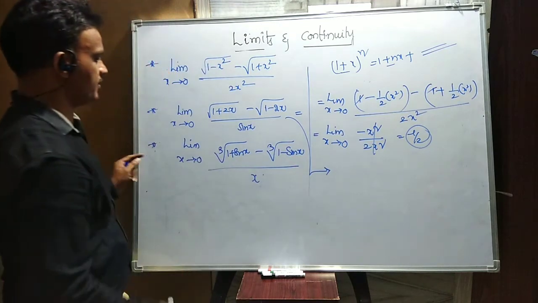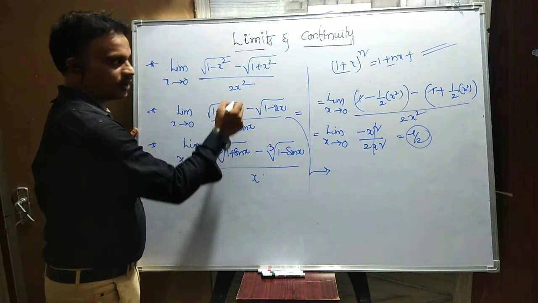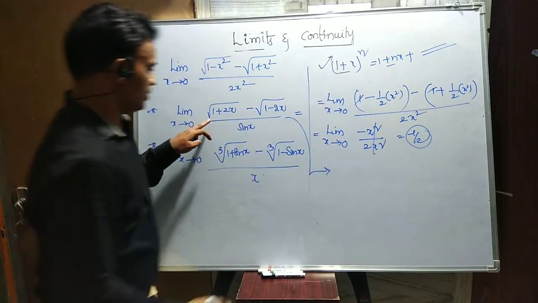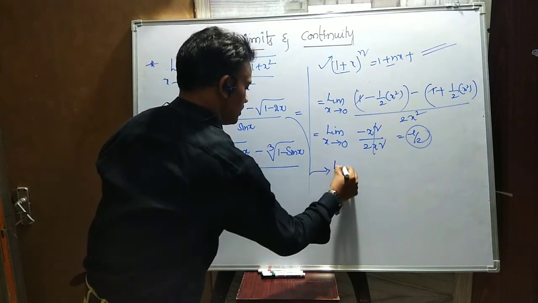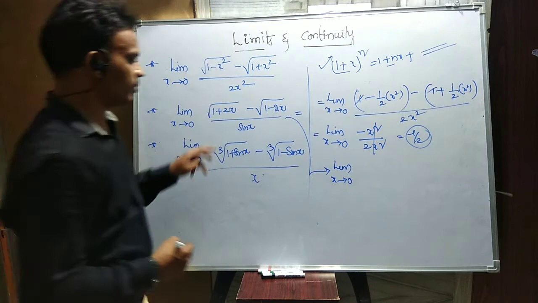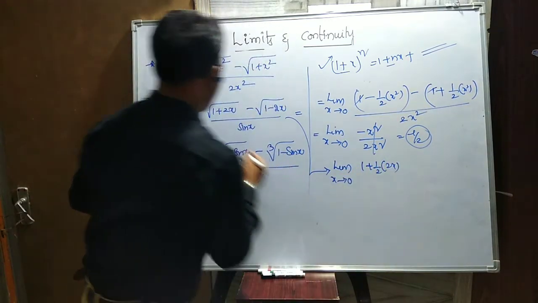Here I am going to write it is also 1 plus 2x whole power 1 by 2. Come on, expanding according to that binomial theorem. So I think I can write like this, which is limit x tends to 0 of 1 plus 2x whole power 1 by 2, which can be written as 1 plus 1 by 2 of 2x. Am I right?